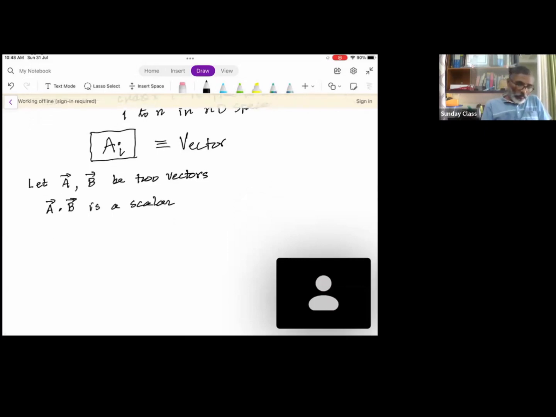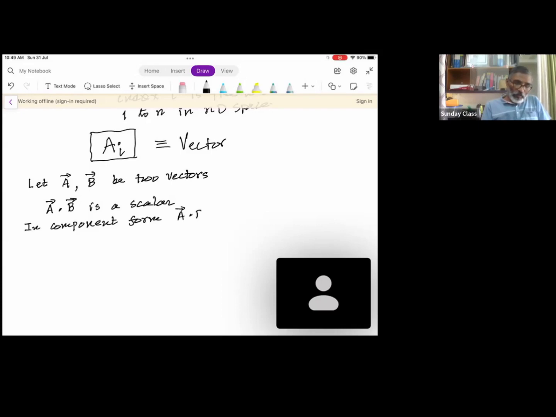Now in component form, that means if you have chosen a basis and you write A as a vector with its components and B as a vector with its components, how do we write A dot B?